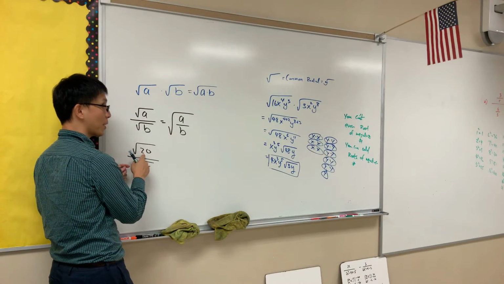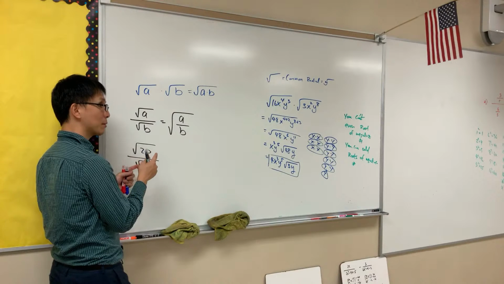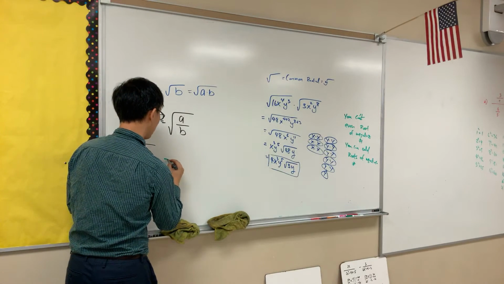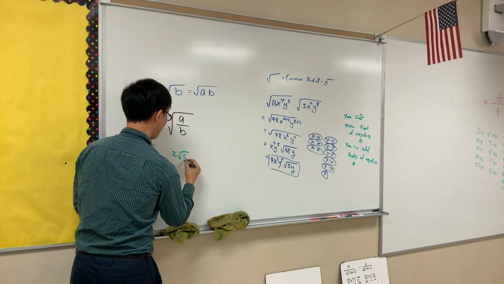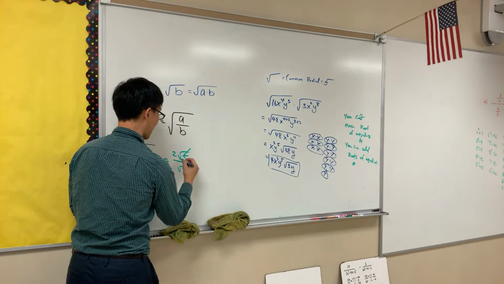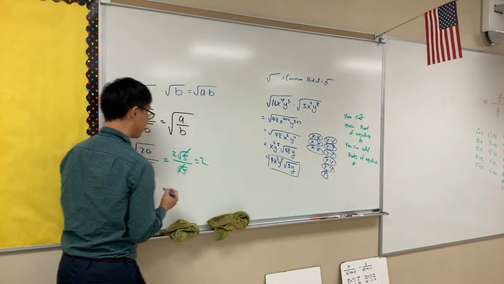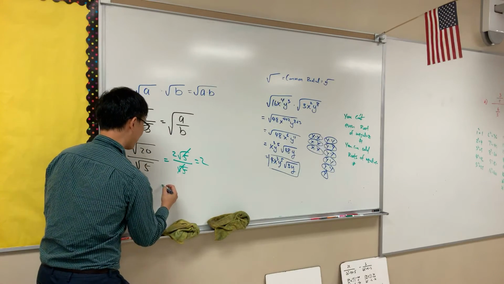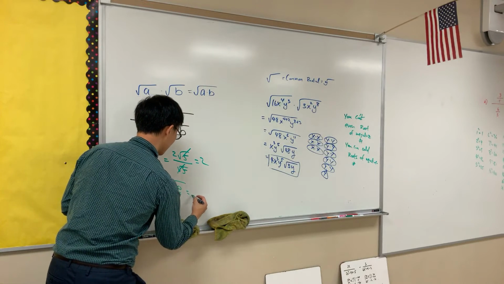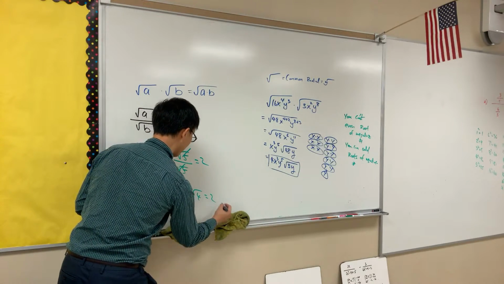So simplify square root of 20, that means 2 times square root of 5, right? So that'll be 2 square root of 5 over square root of 5, and that simplifies down to 2. But can I write it this way? Square root of 20 over 5, you can simplify that. Square root of 4, that's also equal to 2.